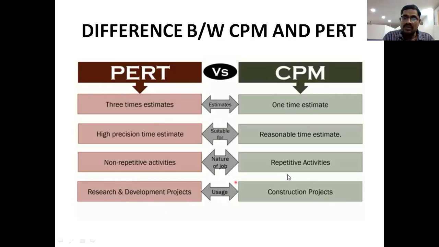So in the CPM, construction projects are used, and research and development like satellite development, development of our companies, creation of innovations, creating inventions, these new things come under PERT, right? These are the differences between the CPM and PERT.